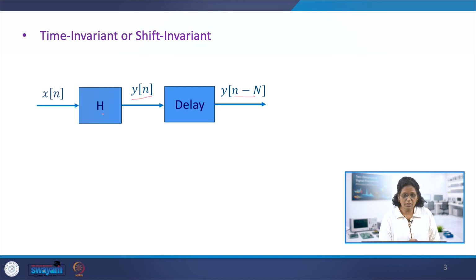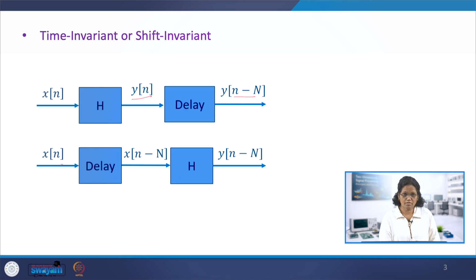But instead of giving x of n directly to the system, we delay the input x of n by certain time units, that is x of n minus n. After that, we give it to the system, which is the same as in the case of the continuous time system, and that would give the response y of n minus n.